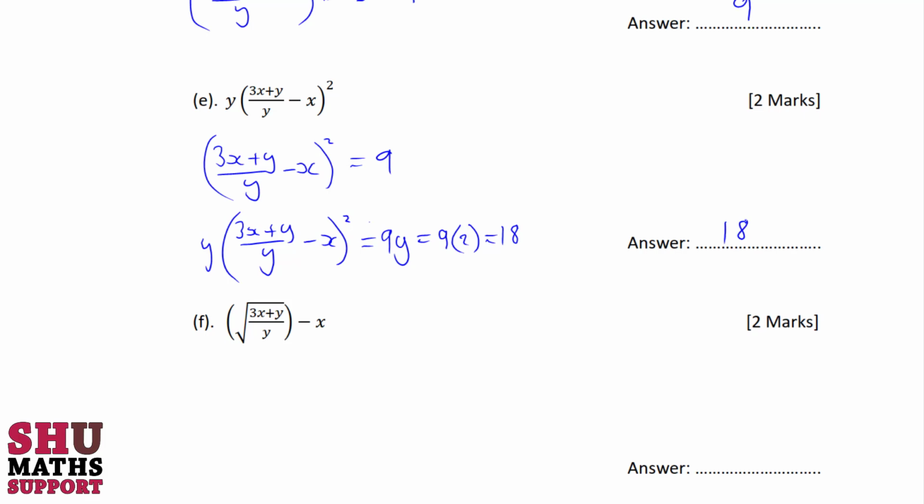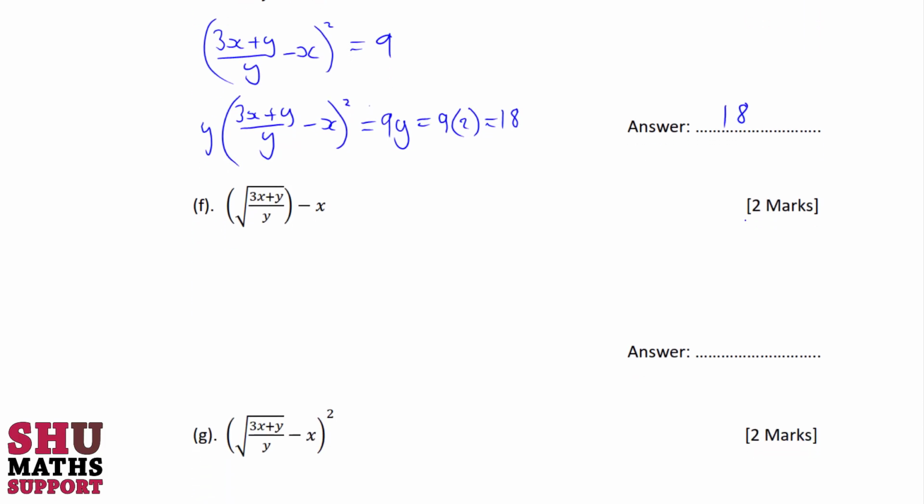So the next question, we have the square root of 3x plus y over y minus x. So in a previous question, I think it was question 2b, we found what 3x plus y over y was. So we know that 3x plus y over y is equal to 7. So now what we actually have is, what is the square root of 7 minus x? So if we just put 3x plus y over y, all square rooted, minus x is equal to the square root of 7 minus x.